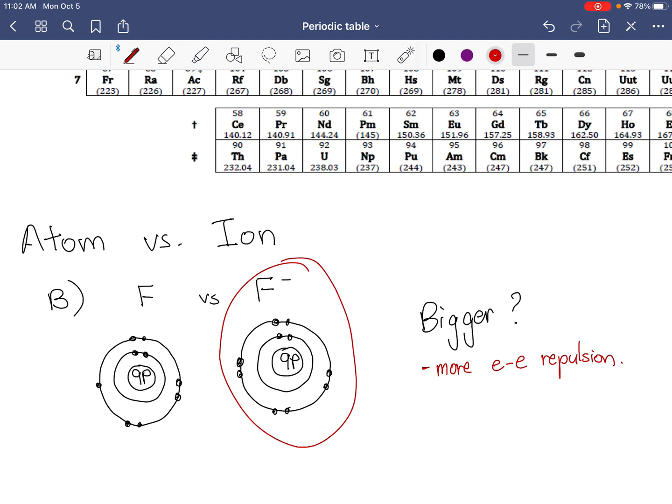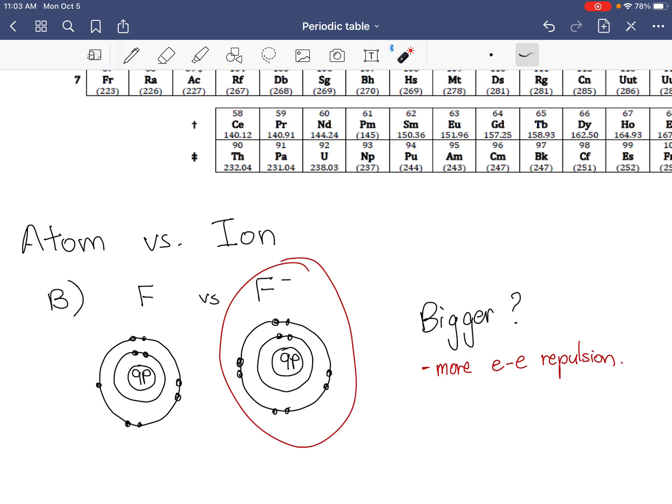The idea here is that there are 9 protons attracting 9 electrons. Here, same amount of protons, but an extra electron to attract. Because of that extra electron, this is causing more electron repulsion.